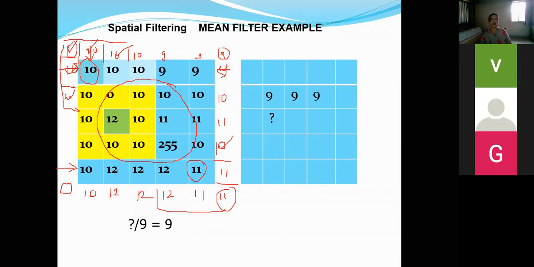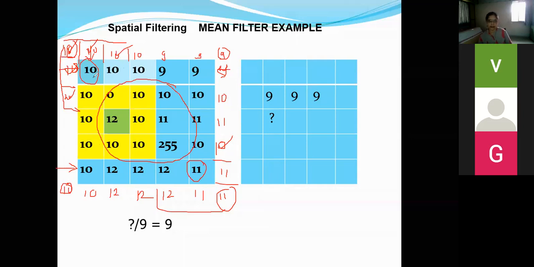The average of 10 and 10, so at this corner you will get 10, and here again the average of 10 and 10, so you will get 10. These assumptions you can make if you want to determine new values of these pixels.